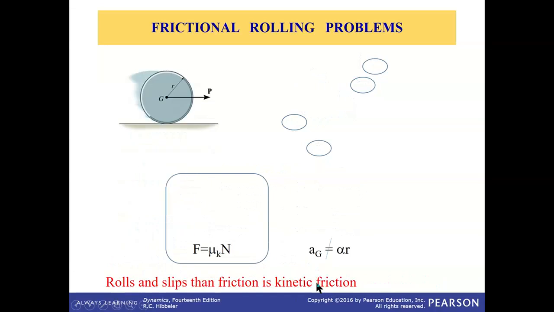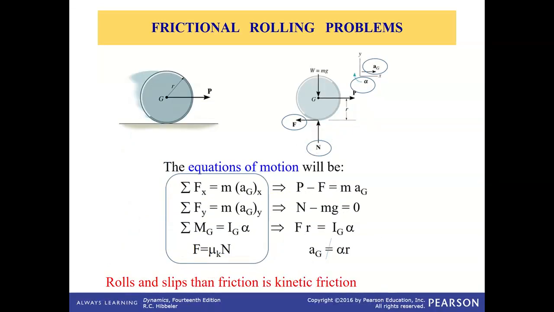When wheel rolls and slips, the friction is equal to kinetic friction, which is the least friction out of static and kinetic friction. So our 4 equations of motion are 3 from the previous slide, and the fourth one is friction F equal to kinetic friction coefficient multiplied by normal force, and at that time AG is not equal to alpha r.